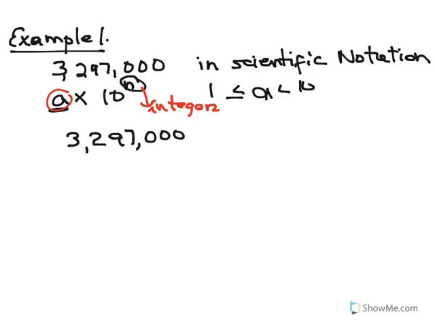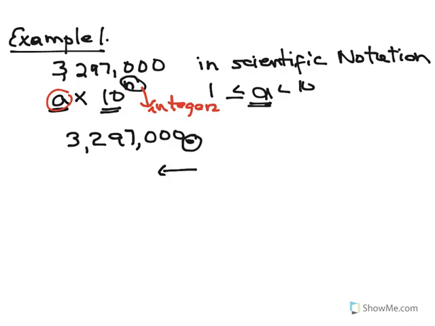The decimal point in this number is right now right here. I'm going to get to a, a number between 1 and 10, by moving the decimal to the left. You have to keep track of how many spaces you're moving the decimal, because that number of spaces is going to be represented in the exponent that you give to the base 10.